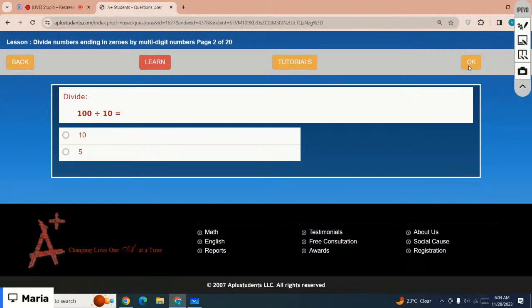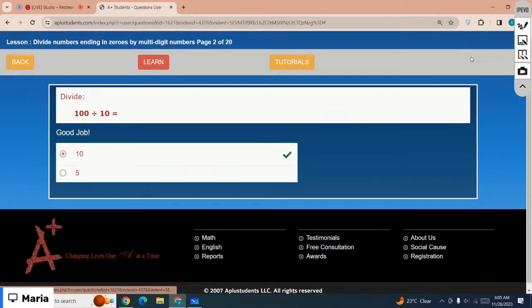Okay, the next one is 100 divided by 10, which is the correct option? Yes, that is just 10. The correct option is 10.